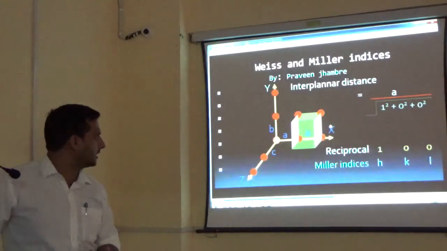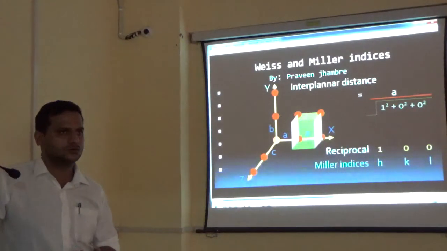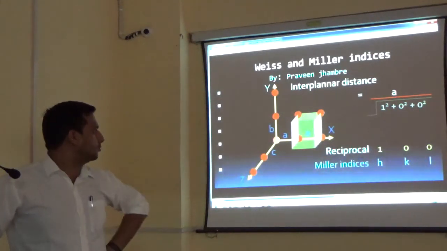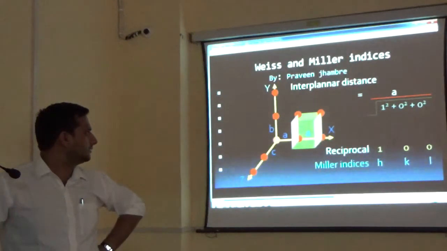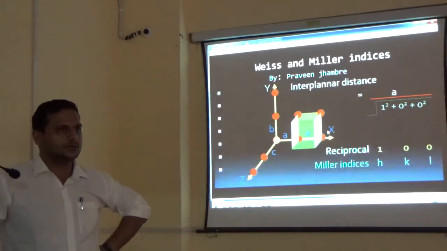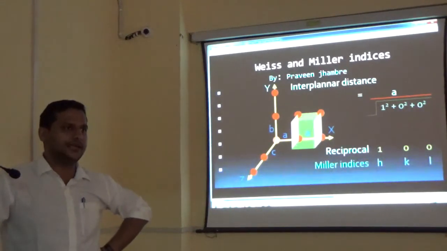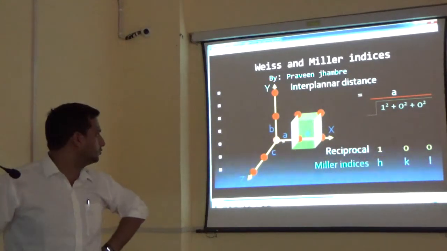Atoms actually exist on this plane also. So, to find the coordinates of these indices, we have to know the value of the intersection of this plane with the x-axis, y-axis and z-axis with respect to this origin.